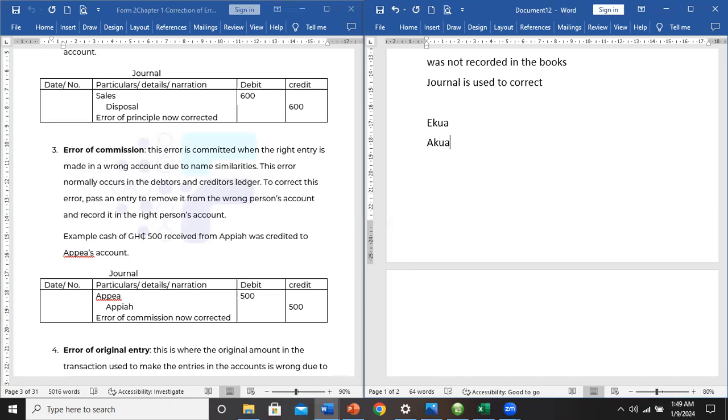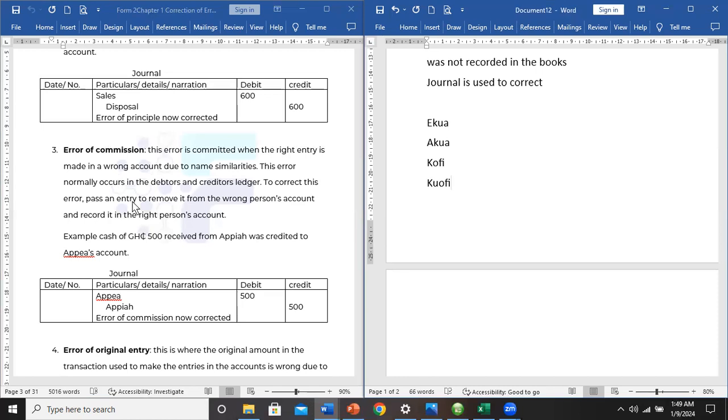So because of name similarities, the accountant makes the error of recording in the wrong person's account. This error is committed when the entry is correct, but in the wrong account because of name similarities. So you can have Kofi and then this Kofi, or some even have it spelled like this.